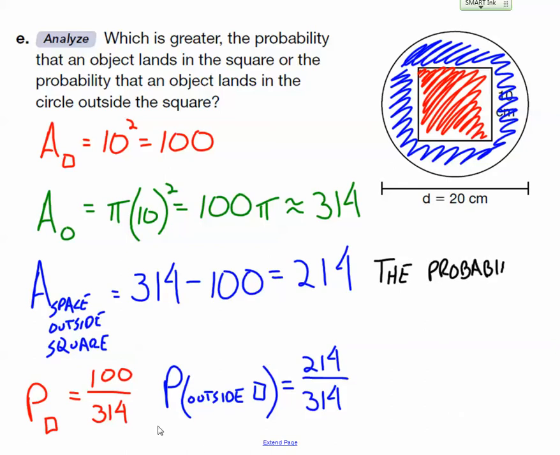Really, we didn't even need to write these two probabilities. As soon as we got the area was 100 for the square and the area was 214 for the space outside the square, we could have given this answer, that the probability is greater that an object will land in the space outside the square.